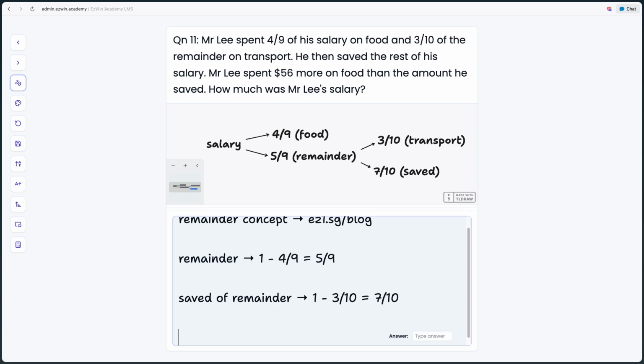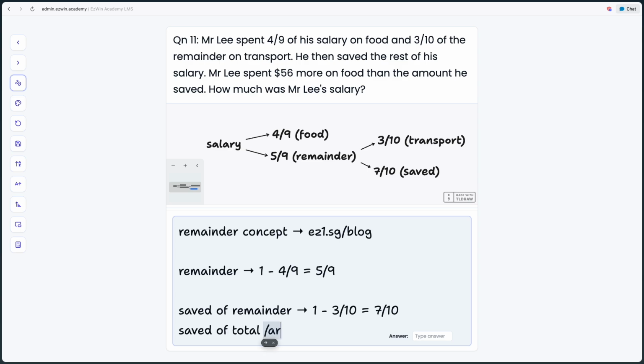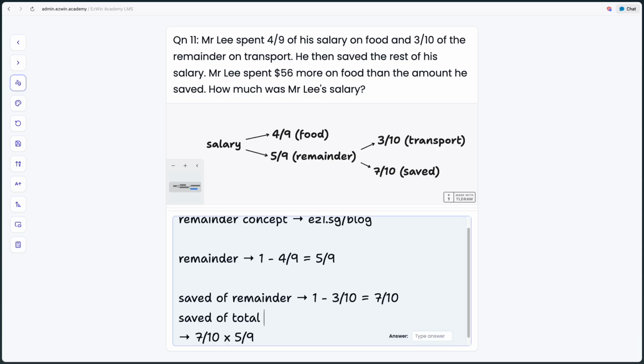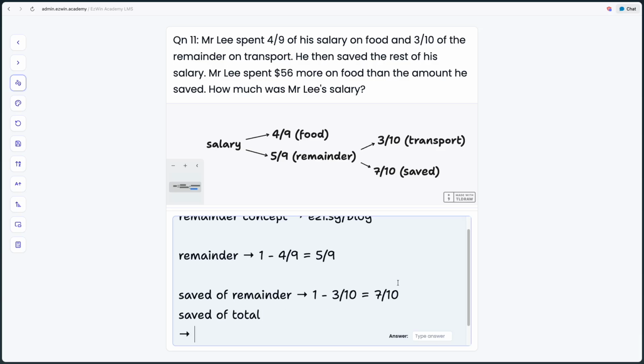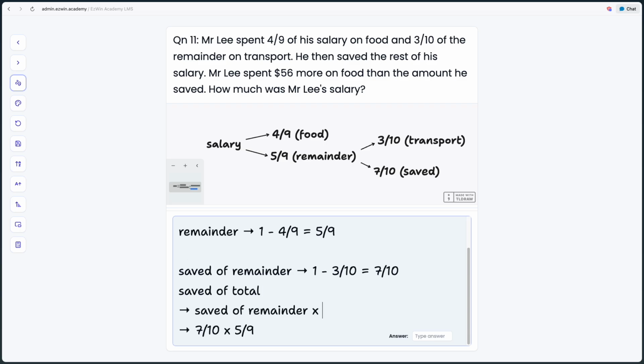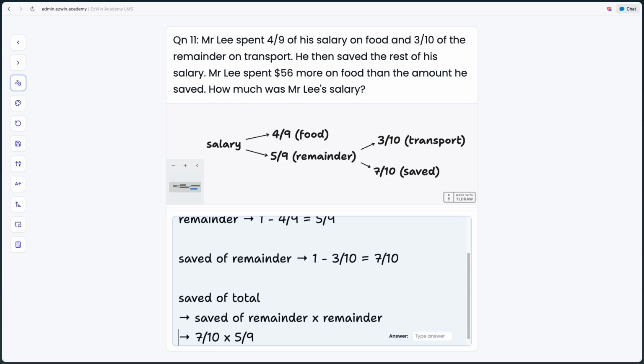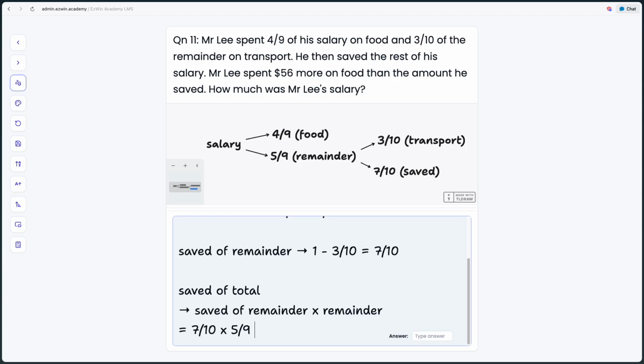So we want to know the saved of total, which in this case is 7 out of 10 times 5/9. Okay, so saved of total is basically saved of remainder times remainder. So that means 7 out of 10 times 5/9. This would then be equal to 7 out of 18.